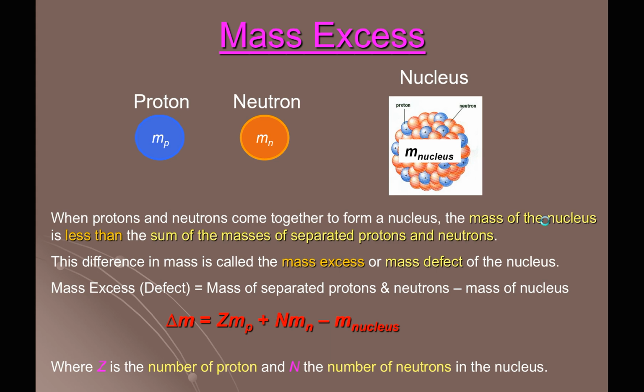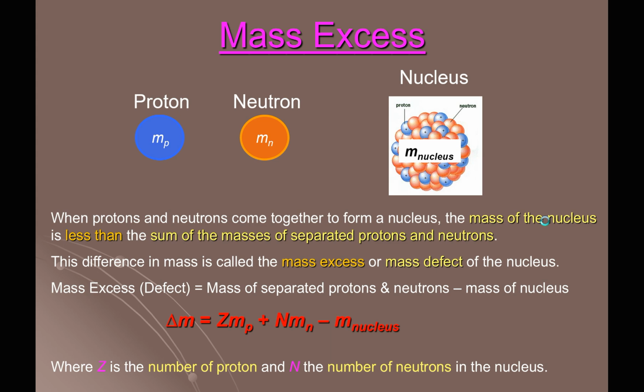So the mass excess is the total mass of the protons and neutrons minus the mass of the stable nucleus, which can be represented by this equation here.